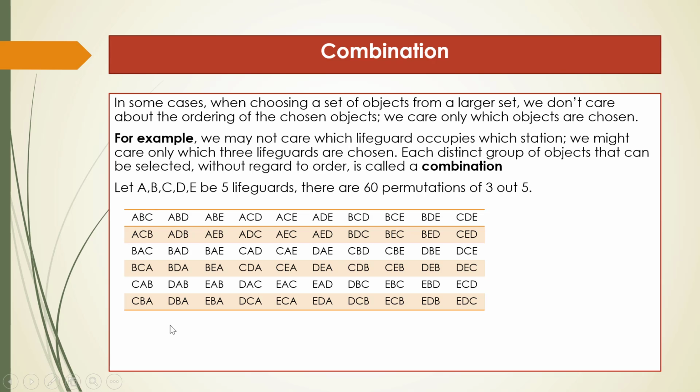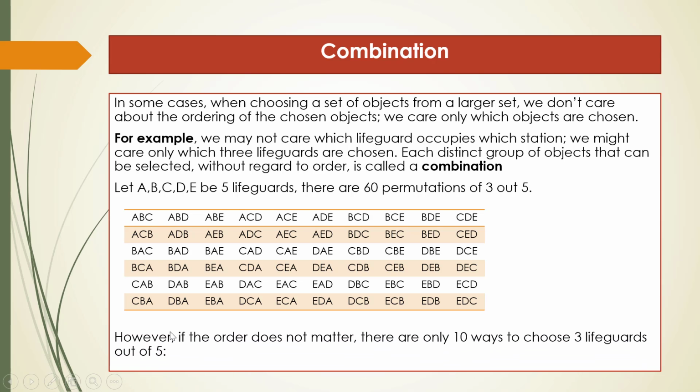So in this situation, we actually have only 10 ways to choose 3 lifeguards out of 5 if the order doesn't matter. And 10 can be obtained by 60 divided by 6, because we have 60 permutations, and in each column we have 6 permutations that can be treated the same.